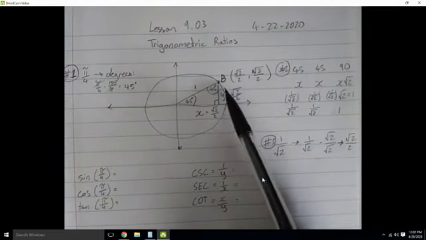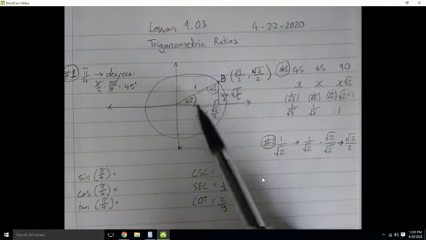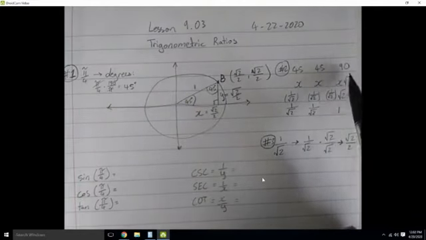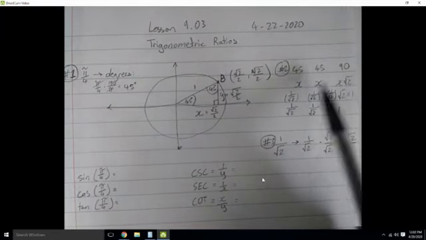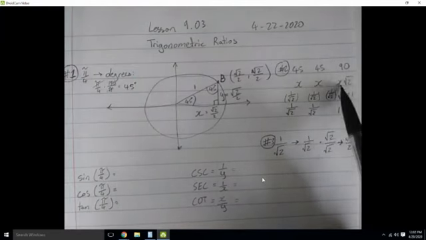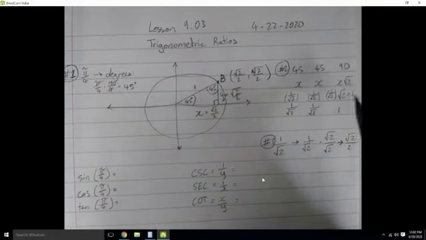This one is a 45, 45, 90. Since we found out that this angle is 45, this one also must be 45. So, 45, 45, 90, and we know x for 45, x for 45, and for the 90 side, or the hypotenuse side, it should be x root 2.